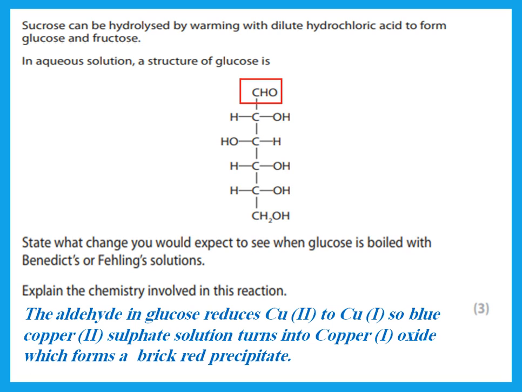It will reduce the C2 to C1. So the blue copper sulfate solution turns into the brick red precipitate, which is copper 1. He's asking you to explain the chemistry involved. That means you need to mention that the aldehyde is a reducing agent. It reduces the copper 2 in Benedict or Fehling to copper 1. That's why you get a brick red precipitate.